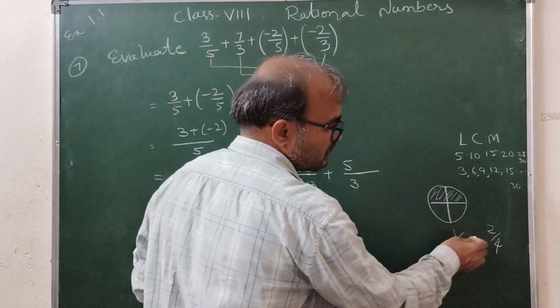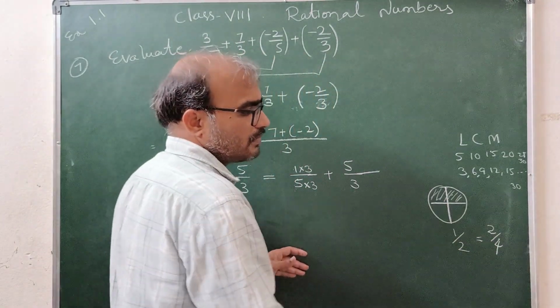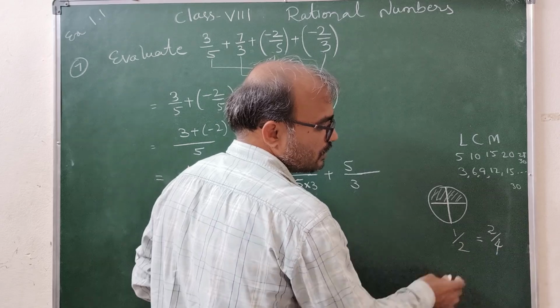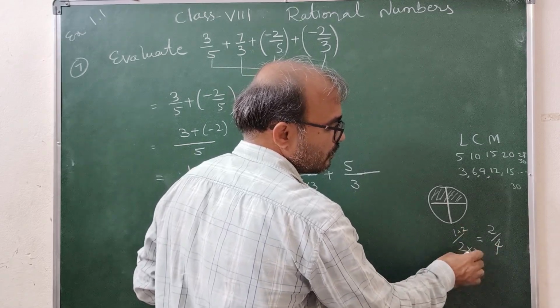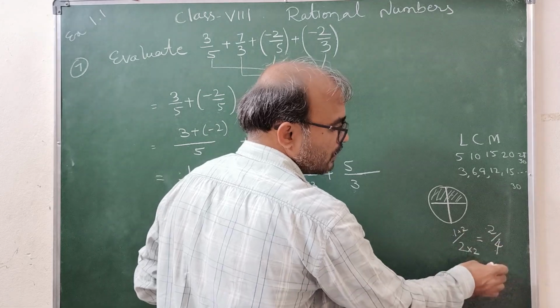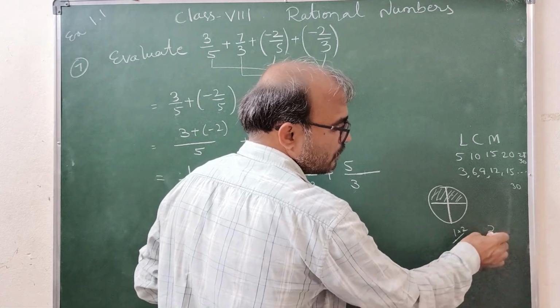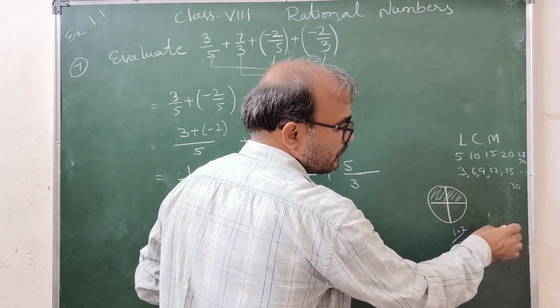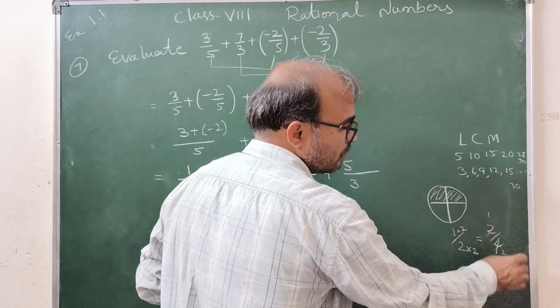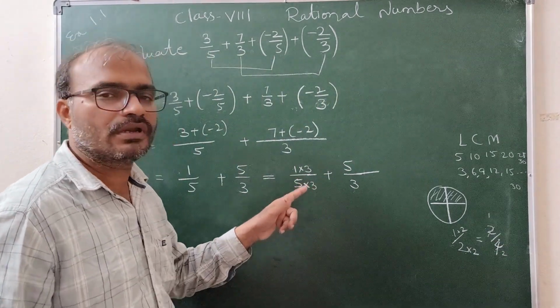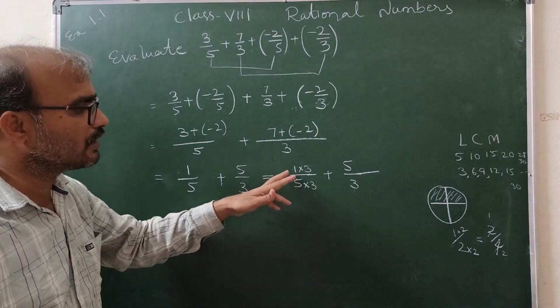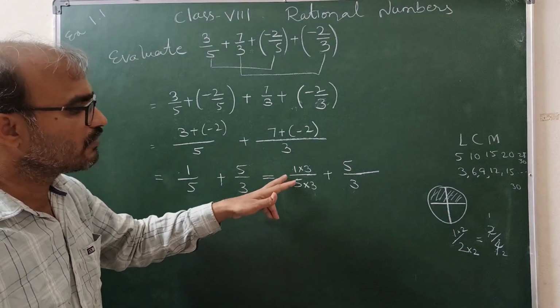How do you get this from that? Multiply the denominator and numerator by 2: 2 twos are 4, 1 two is 2, so 2 by 4. And how do you get 1 by 2 from it? Remove the common factor: 2 ones, 2 twos, 1 by 2. So if you multiply the numerator and denominator by the same number, you are calculating the equivalent fraction of the available fraction.